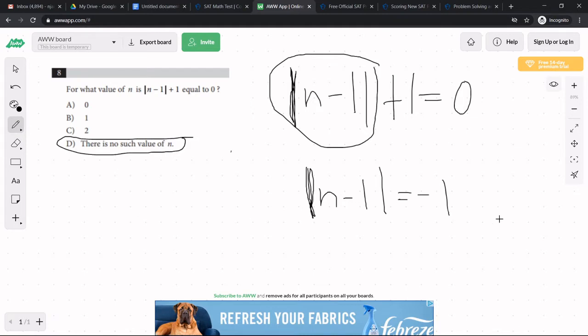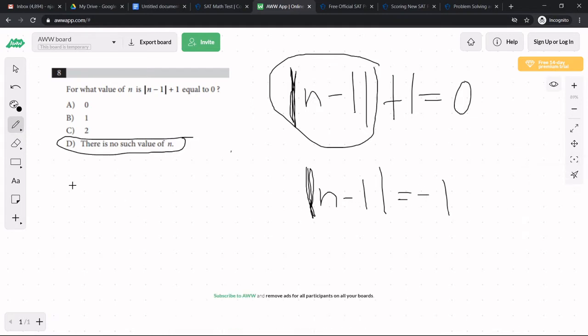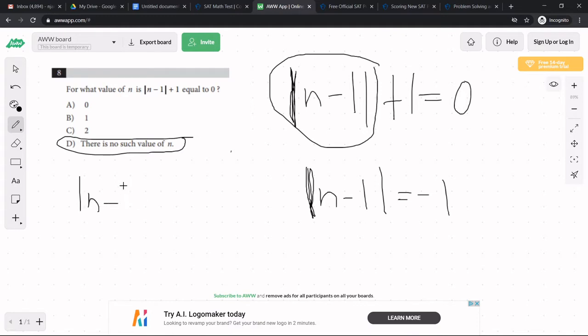Right? Now let's say it was a positive number. Let's say it was just positive 1, and this original equation was the absolute value of n minus 1 instead. Then what we would want to do is n minus 1 equals plus or minus 1.